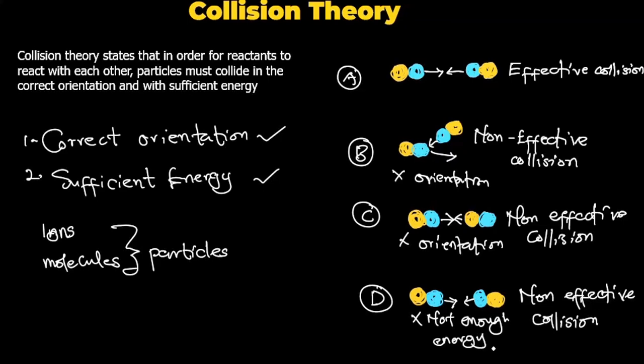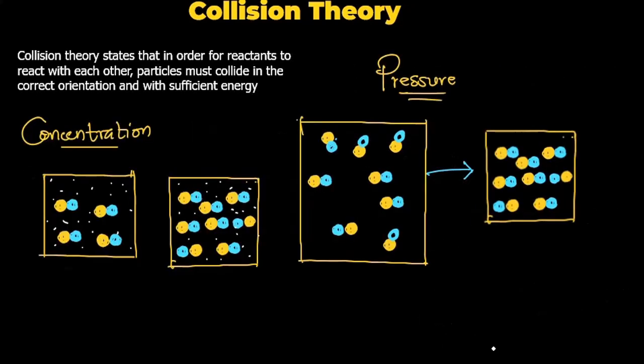Okay, so we are able to establish that for us to form products, we need to have effective collision, and then this collision must involve the particles having the right orientation and sufficient energy. So let's see what happens if we vary concentration and pressure in a reaction vessel or in a system. On the left side, we have concentration.